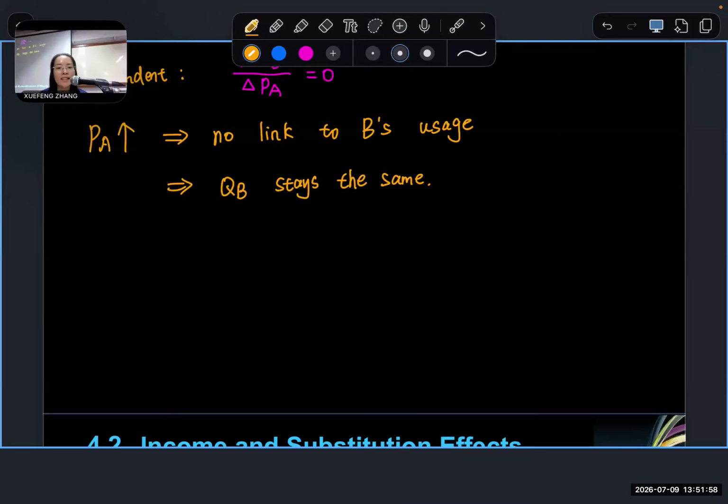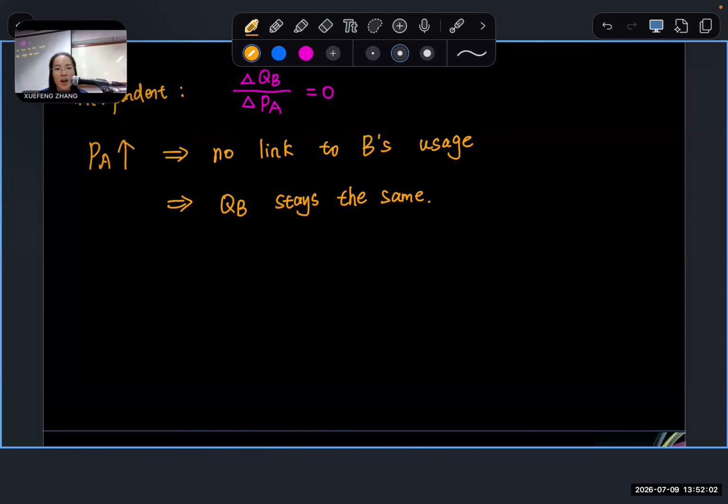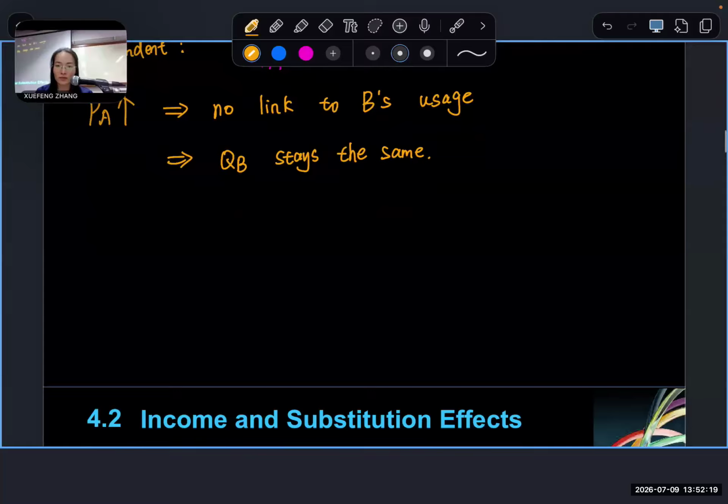And why does this matter? Because the markets are connected, right? A price shock in market A may have a spillover effect on market B. This is how we study the influence between different markets.